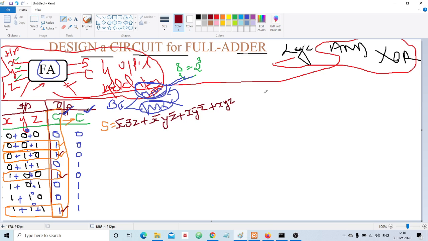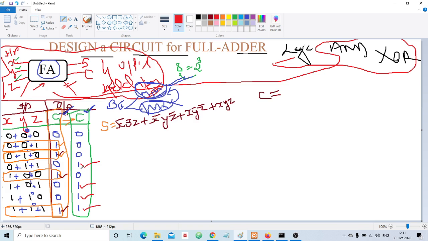To write a Boolean expression for carry in minterm form, you need to focus on the carry column, and the next step is to pick the combinations which have 1 as an output.